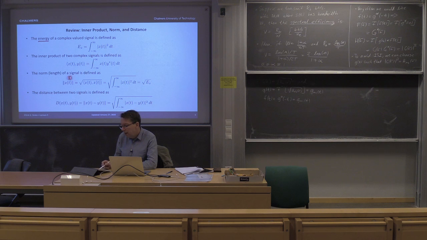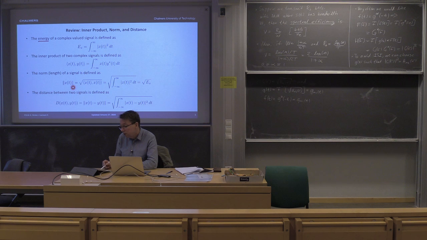The norm, the length of a signal, we already talked about that. It's denoted like this, x with double bars, as opposed to x with single bars. Single bars is magnitude, the absolute value if it's a real valued signal, or the magnitude if it's a complex signal.